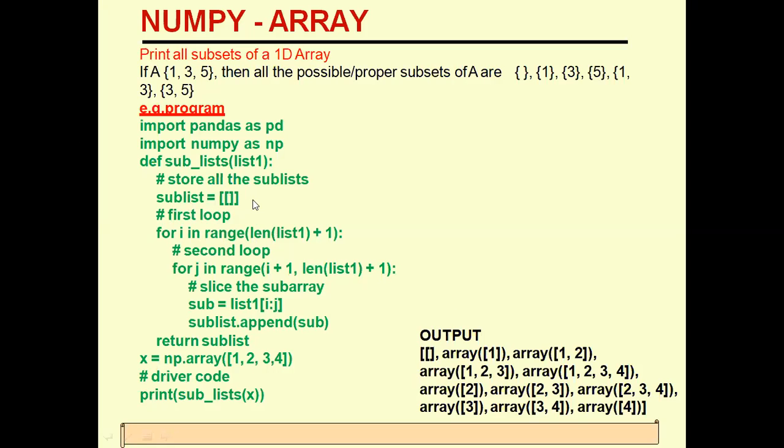It will count the number of elements, the length of that variable. So list1 is given here, it will take the length of this list1. Plus one, it will increase by one. This is a step.